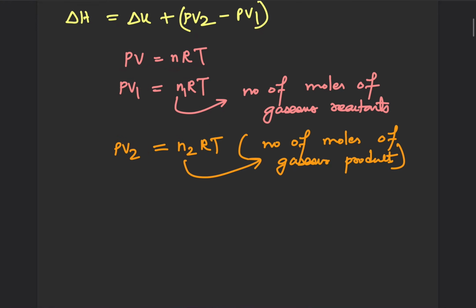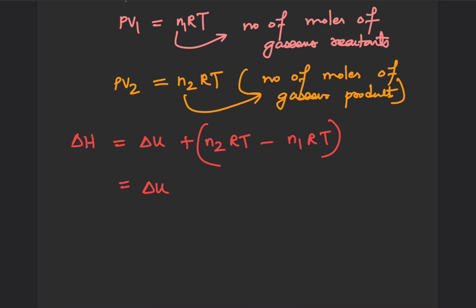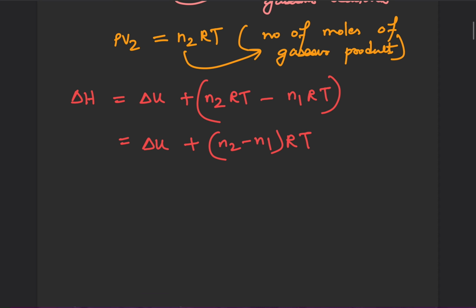So we get delta H is equal to delta U plus N2 RT minus N1 RT, which we can write as delta U plus N2 minus N1 into RT. And finally we can write this as delta H is equal to delta U plus delta Ng RT.